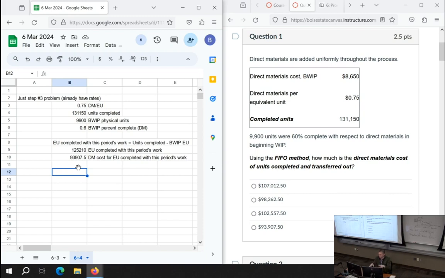So we could do all of our work for this period's rate, figure out our EU for FIFO and our rate for FIFO to get this number right here. And it's going to come back here at the very end and have to be added in. 86.50 is our beginning WIP cost. And we have to add it to our direct materials cost for any equivalent units completed with this period's work.